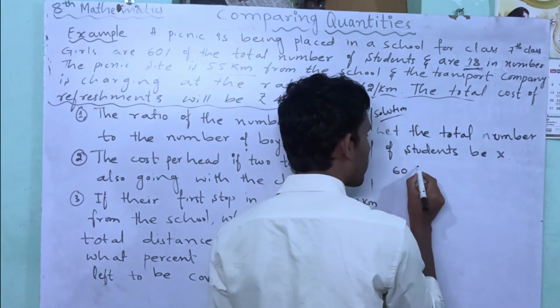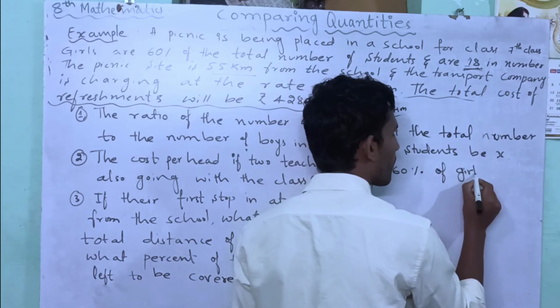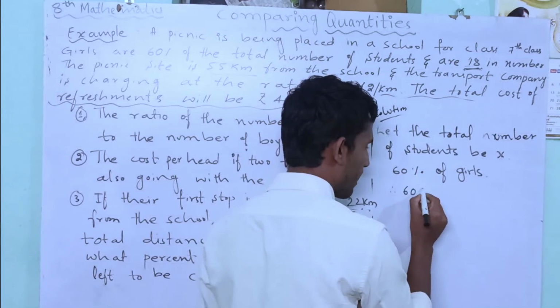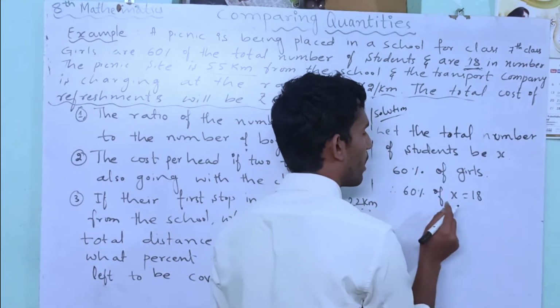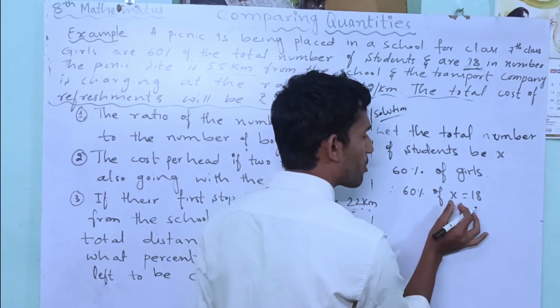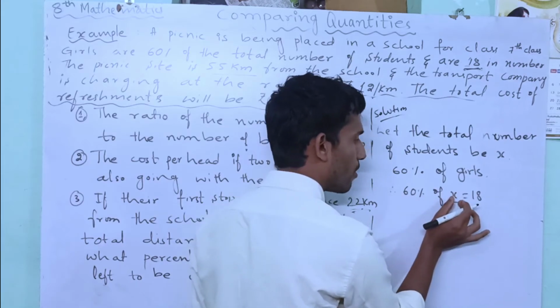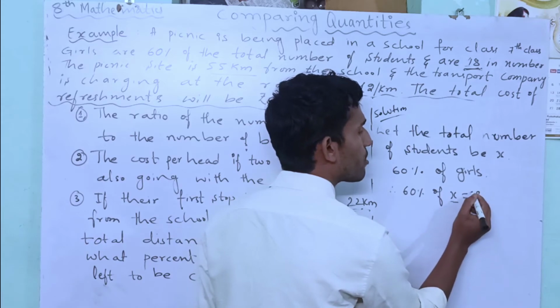Now 60% of students are girls, therefore 60% of x is equal to 18. Out of the total number of students x, 60% of x is equal to 18 students.